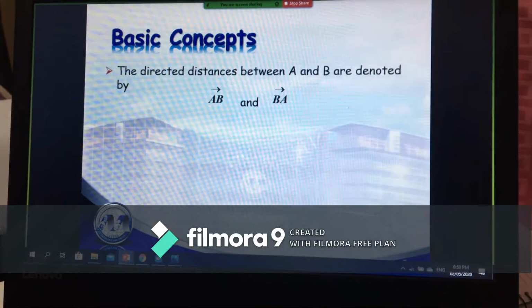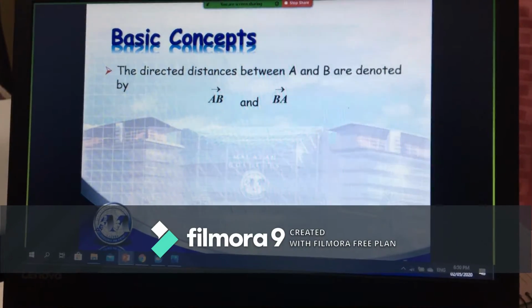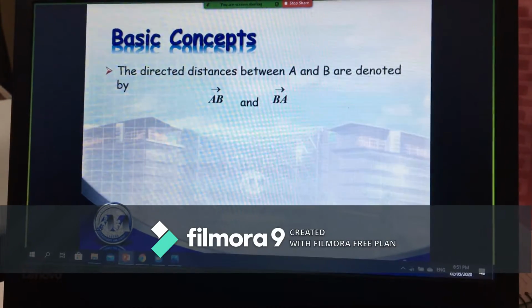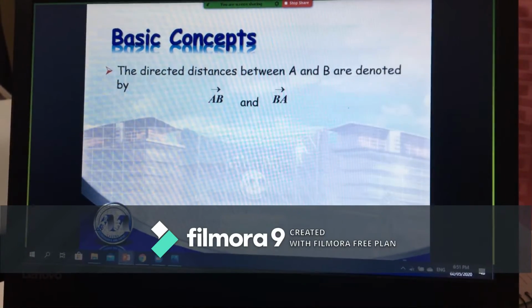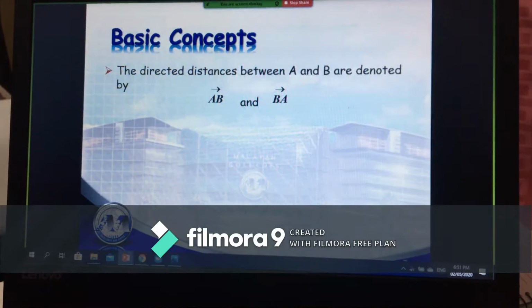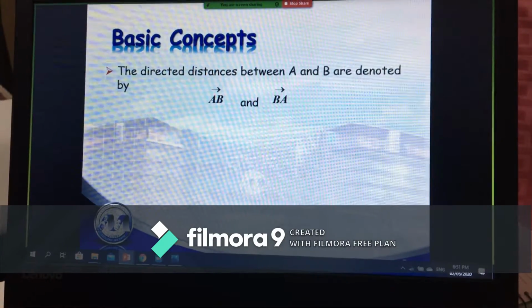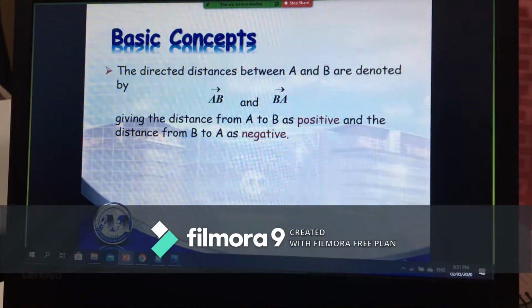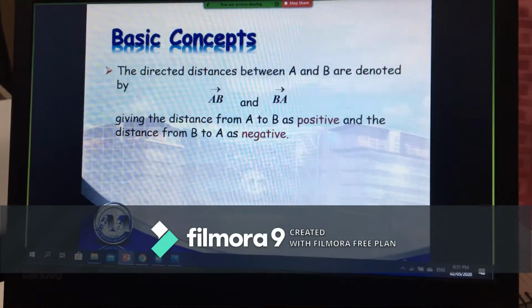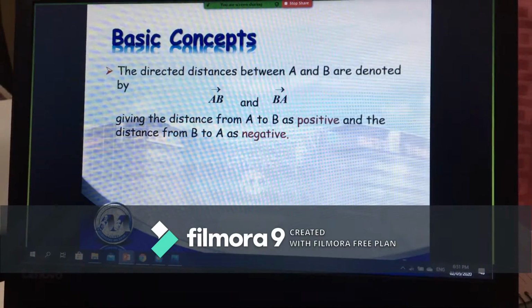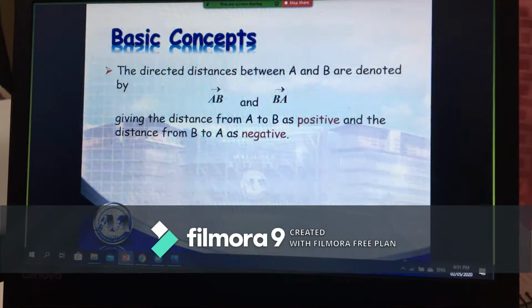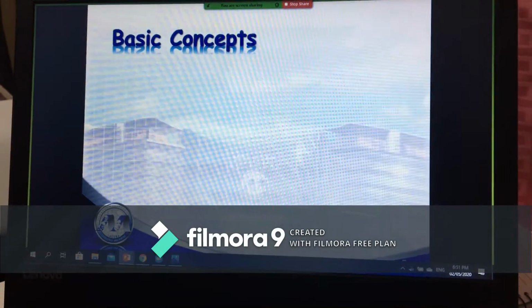So for the first one, AB, meaning the line segment is taken from A to B, and the other one is from B to A. So giving the distance from A to B as positive and distance from B to A as negative.